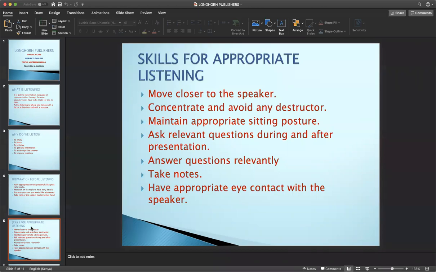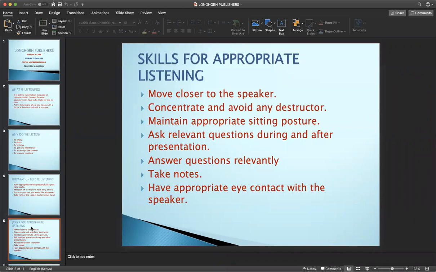When you're close to the speaker, you're able to hear what he or she is saying. You're able to get the gestures and the facial expressions of the speaker. So you get everything that the speaker is saying, whether verbally or even non-verbally. So move closer to the speaker.